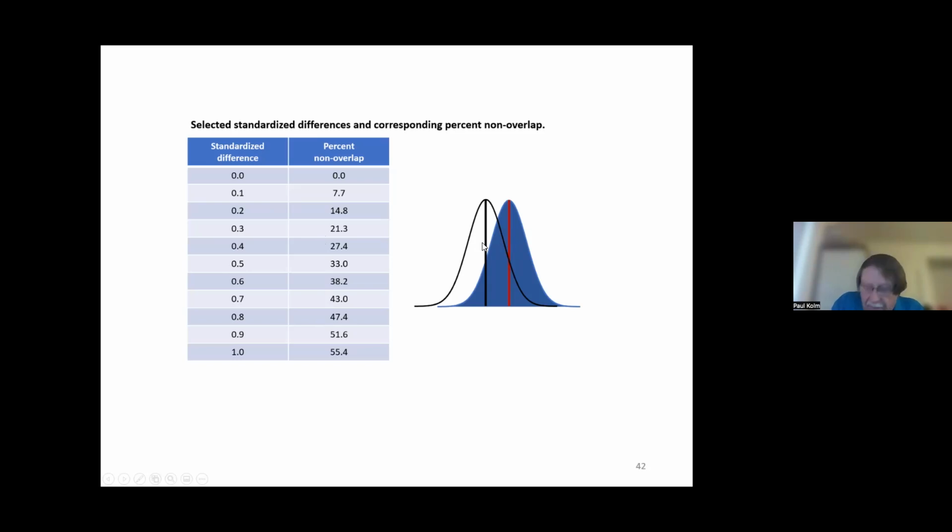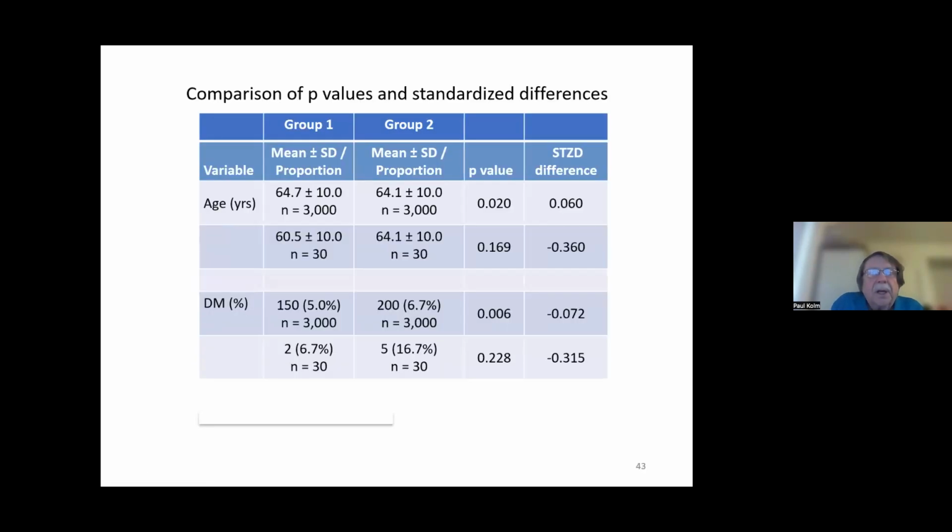two groups. And so I've given an example here of why in some cases it's better to present the standardized difference rather than p-values. And I showed this by picking extremes here.